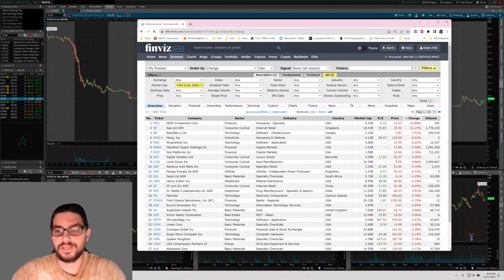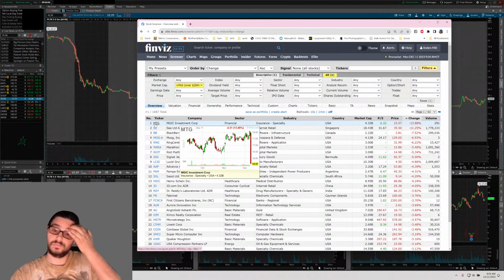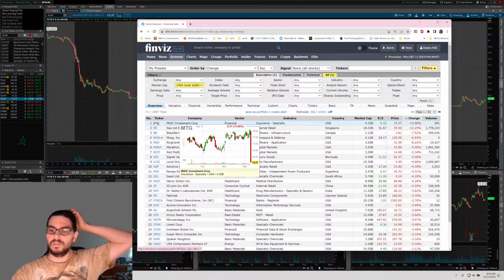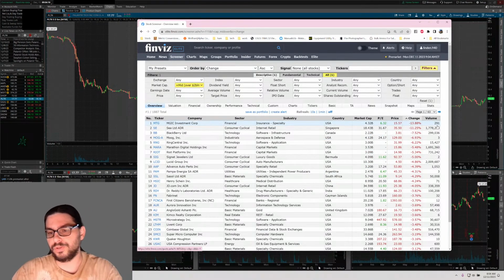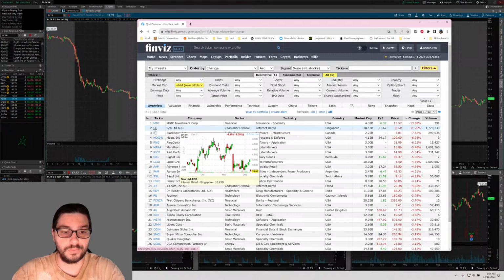Let's flip it the other way. Look at shorts. Wow. That's a pretty big short. But we can see the volume is only 291, so super, super light. So not really worth doing anything with.